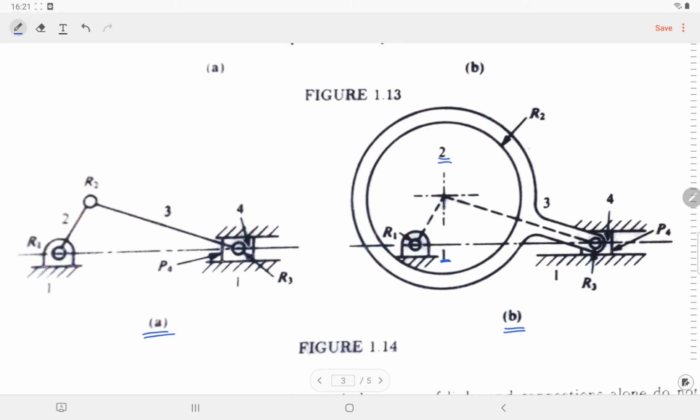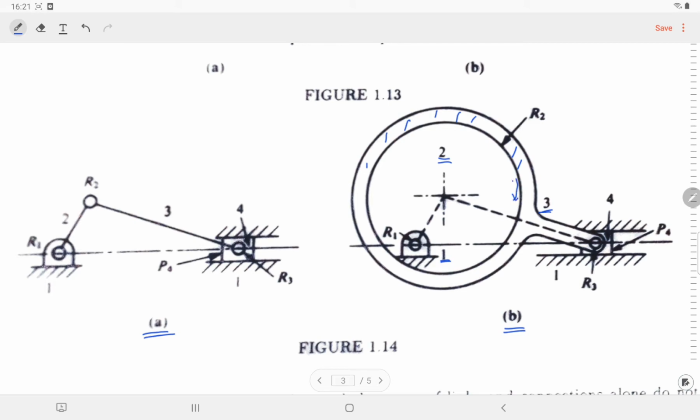And this hollow circle is link 3, and link 2 and link 3 are connected such that link 2 will rotate with respect to it in a sliding fashion.